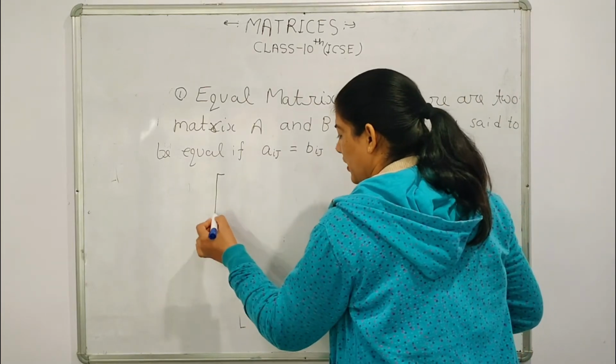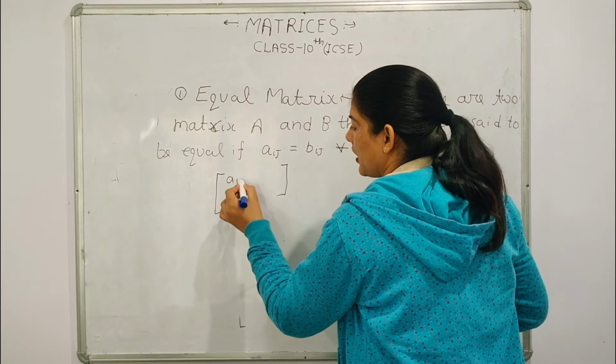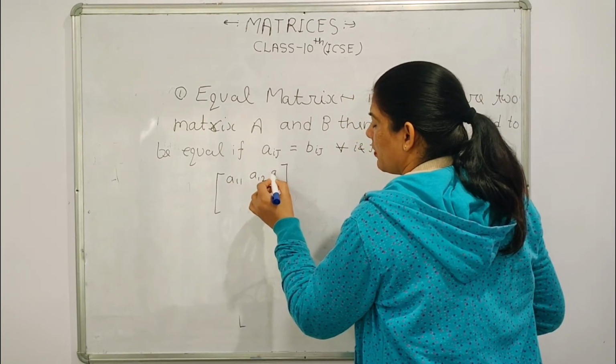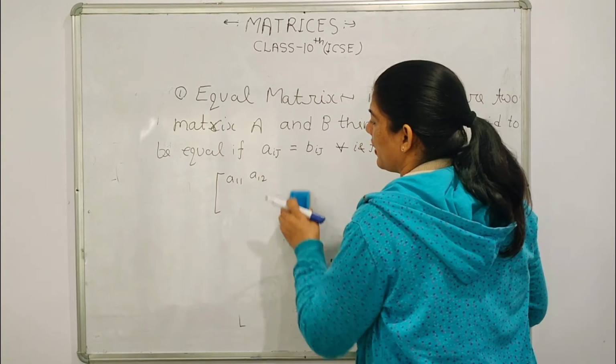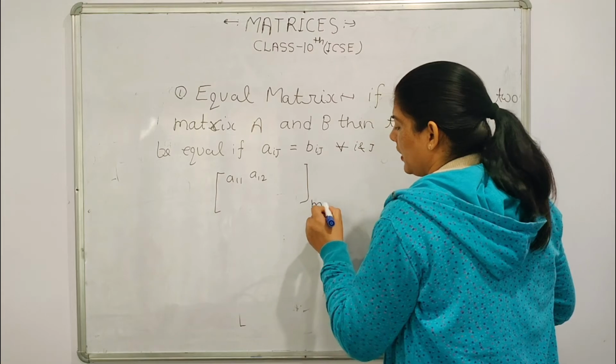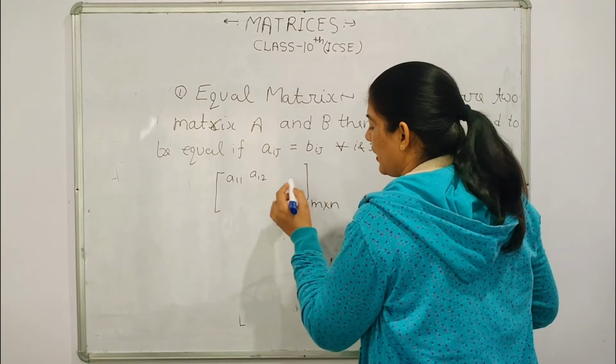So if you write in expanded form, you can say A11, A12, and so on. Suppose there is an m by n matrix, so there are m rows and n columns.